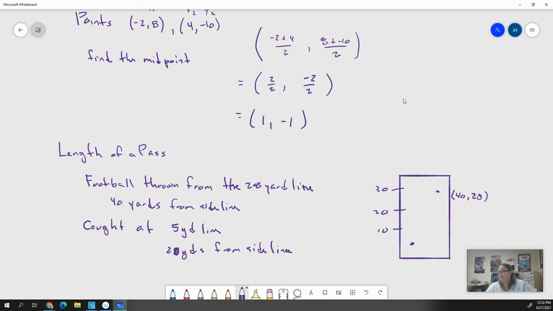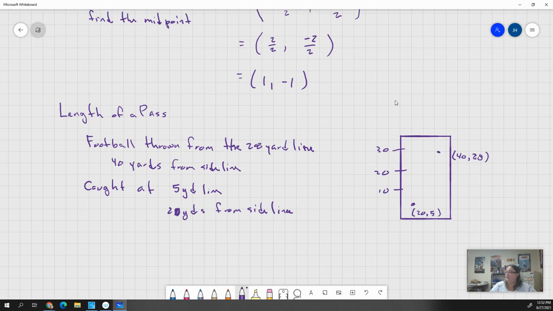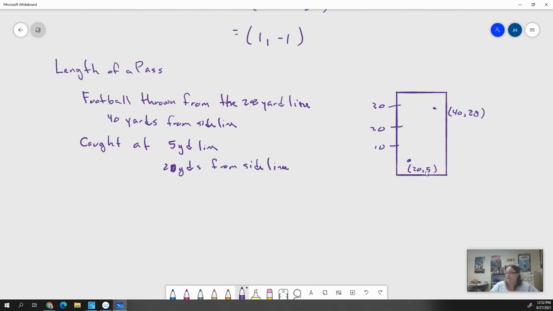I can't read my own handwriting. So this one's going to be 20 and 5. If we want to know the distance on this, all we have to do is make these x1, y1, x2, y2, and then do the distance formula.